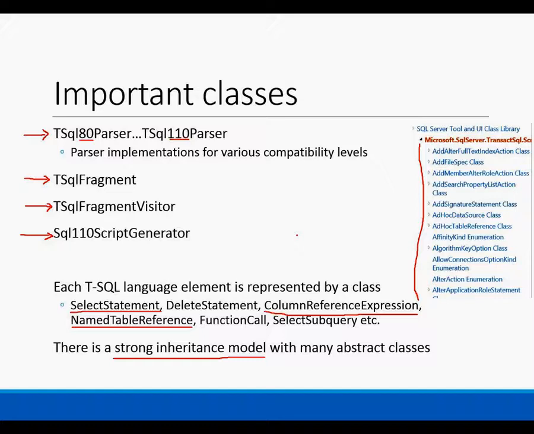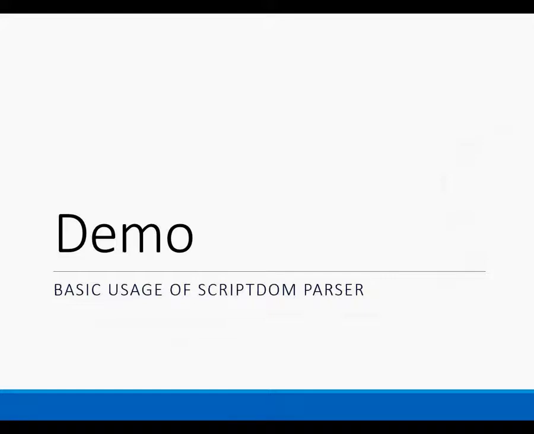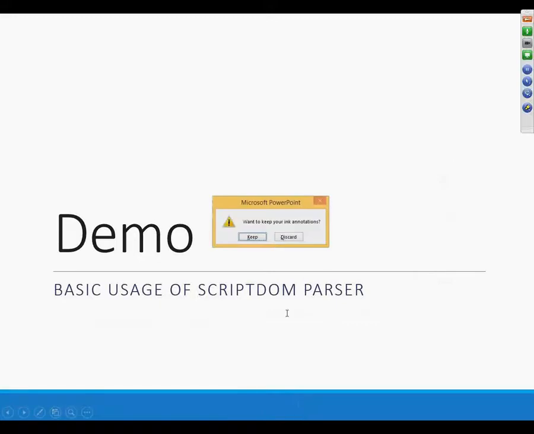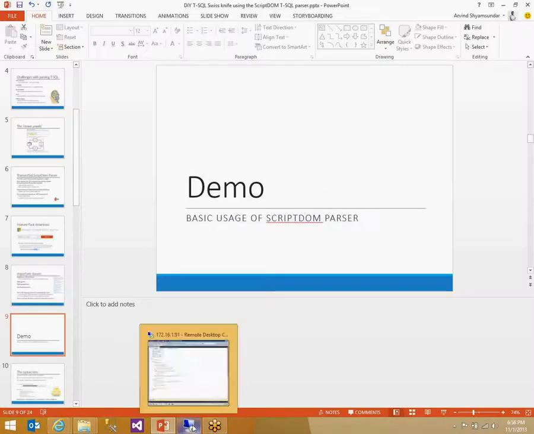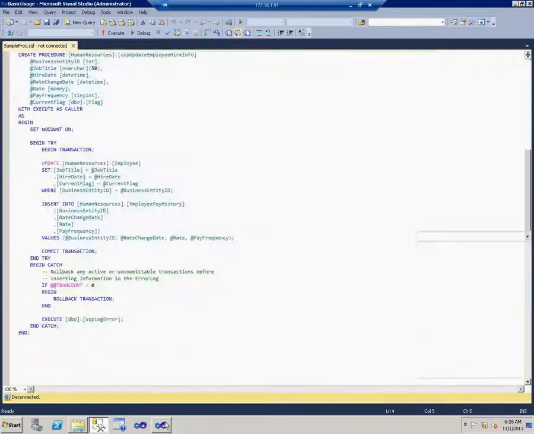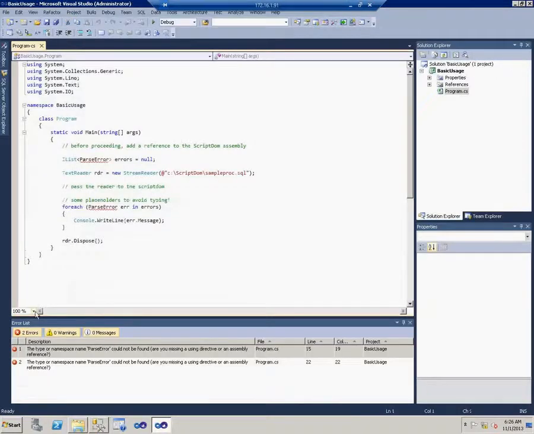So I just want to show you a quick demo now of the ScriptDom parser itself. So let me quickly shift to my VM. We'll show you how easy it is to get started with this parser.